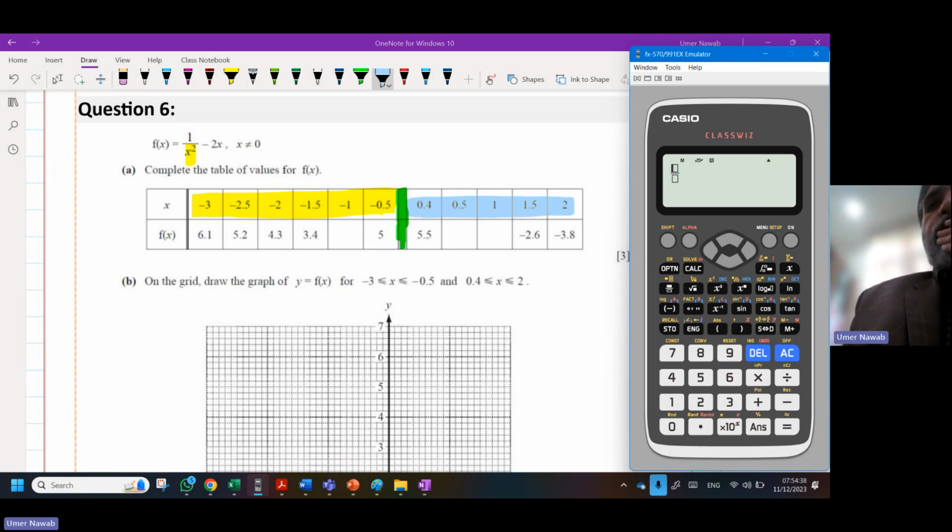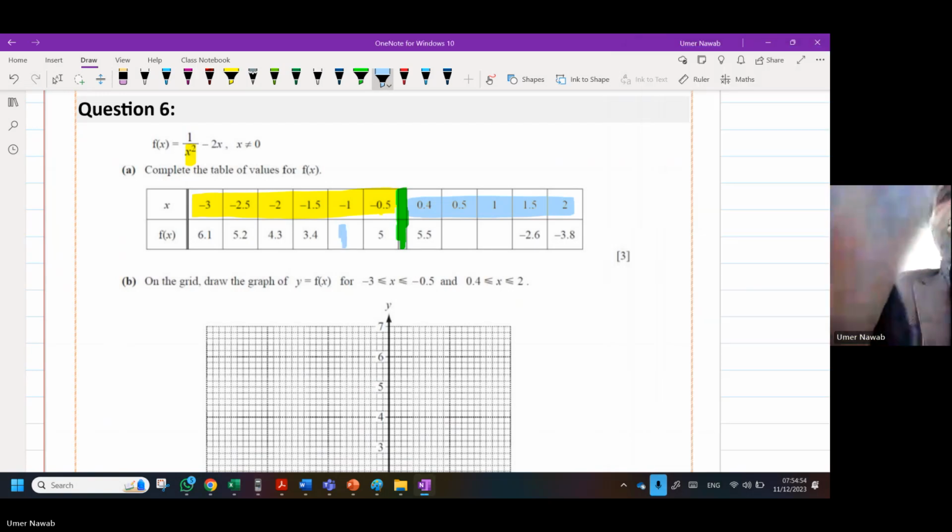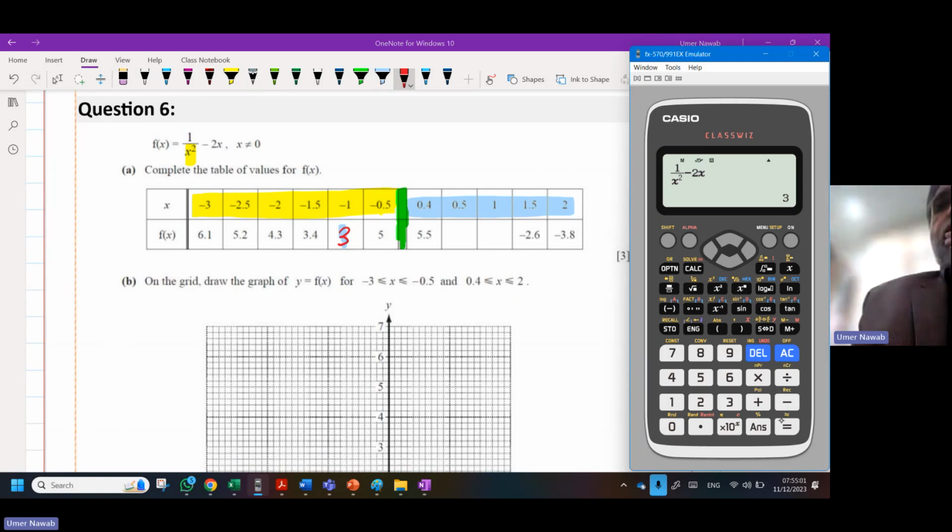So I'm going to write 1 over x squared minus 2x, press calc. And then I'm pressing minus 1. It is 3. Sorry, it is 3. Now 0.5, press equal again and write 0.5. So it calculates for you and it gives you 3.